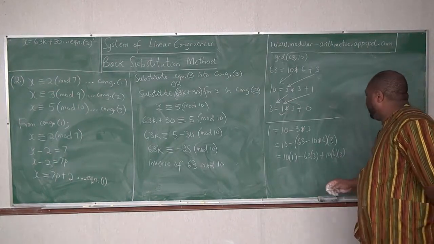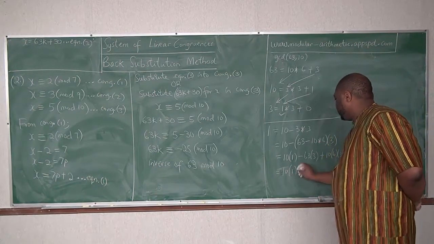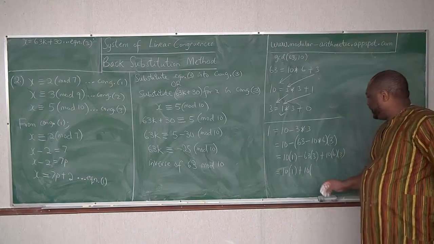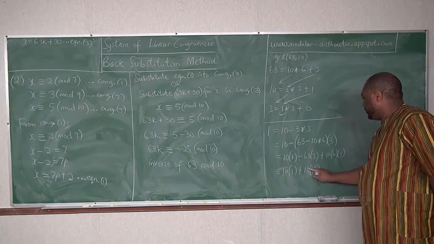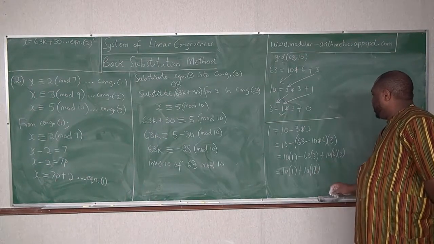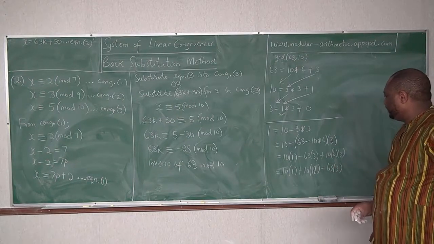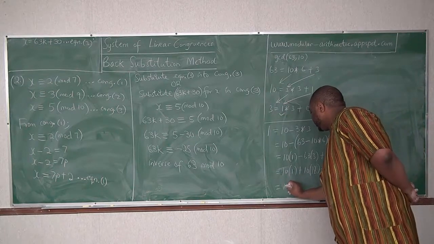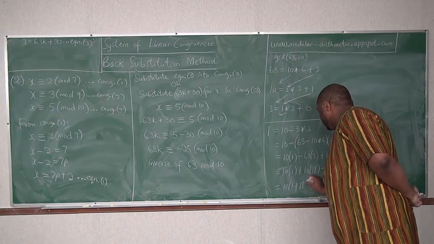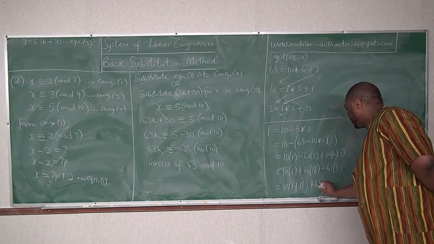So this is 10 times 1 plus 10 times 6 times 3, which is 18, minus 63 times 3. So this is 10 times (1 plus 18) plus 63 times negative 3.